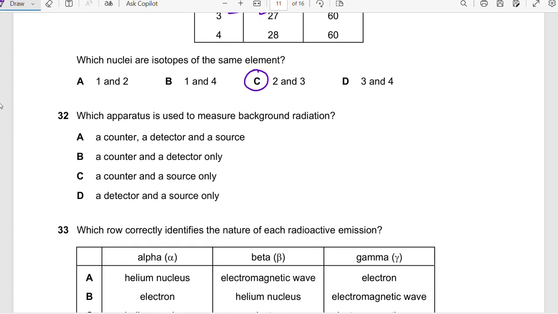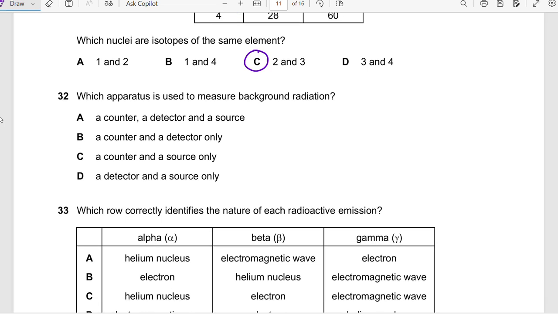Question 32. Which apparatus is used to measure background radiation? Let me remind you, background radiation is the radiation that we have everywhere, which means it doesn't need a radioactive source. It exists everywhere. Like now, where you are sitting, there is background radiation.